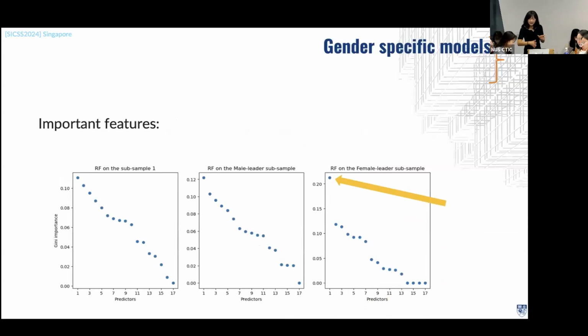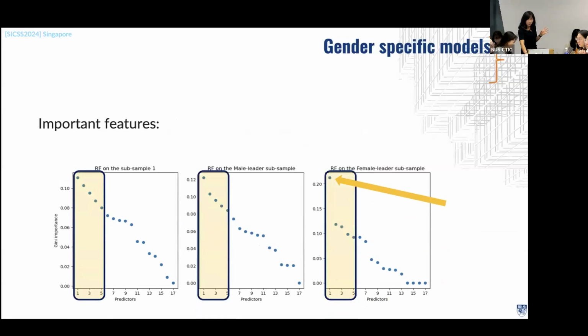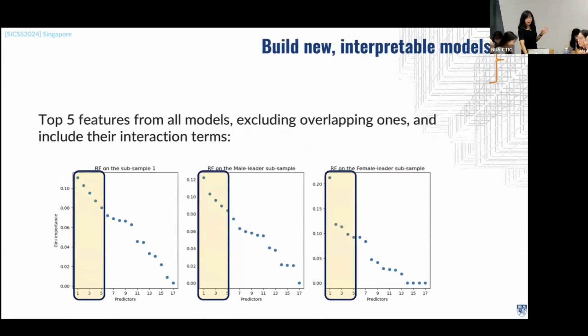We see that with the female-led subsample, a lot of the predictors are quite different from the male-led ones. So what we did here is pick the top features from all the models in the subsamples. We excluded the overlapping ones because they're showing up everywhere. We use these features instead to look for the best pattern in sample A.